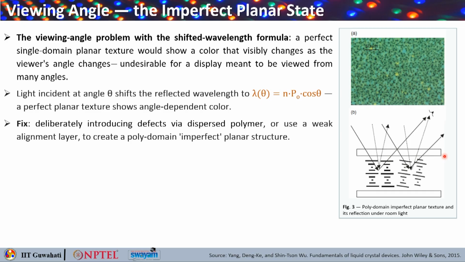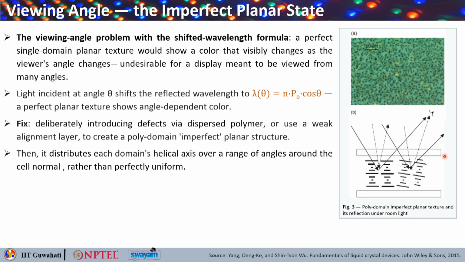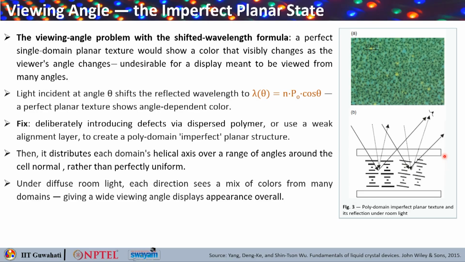You have to deliberately introduce defects via dispersed polymers, or you can use weak alignment layers, and that will create a polydomain imperfect planar structure. It distributes each domain's helical axis over a range of angles around the cell normal, rather than making it perfectly uniform. So under diffuse room light, each direction sees a mix of colors from many domains, giving a wide viewing angle appearance overall.